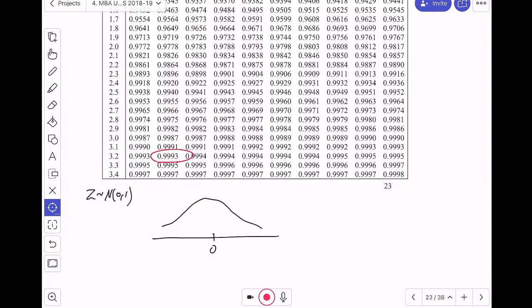The curve goes on further beyond the chart, but the chart cuts off. So the largest number on the chart is here, 3.49, and the chart says that the area to the left of 3.49 is 99.98%. So almost all of the area under this curve.